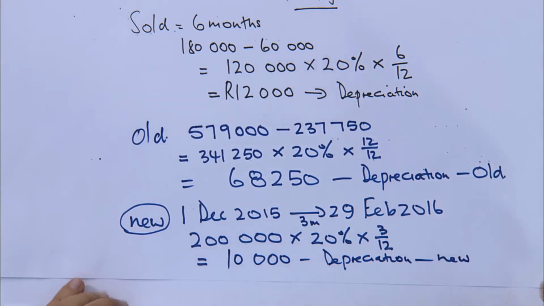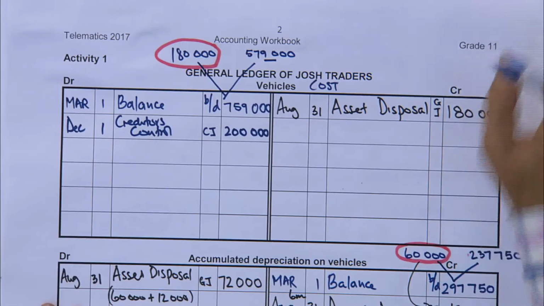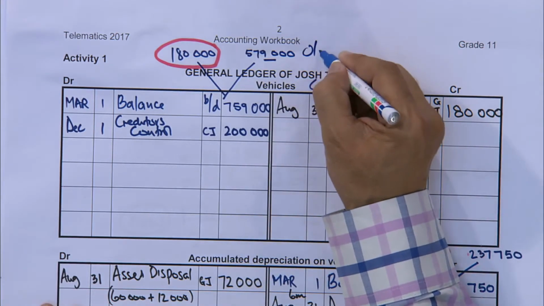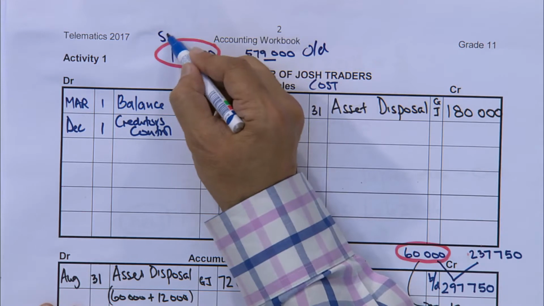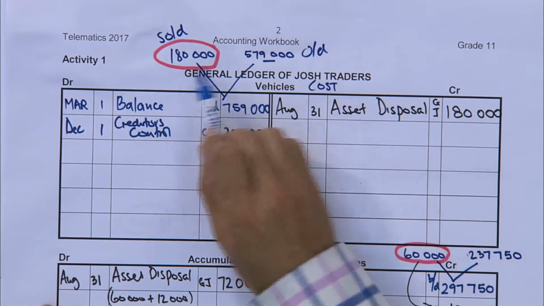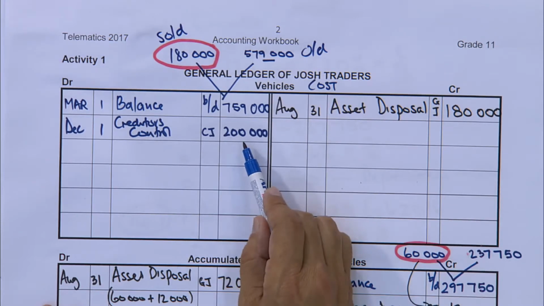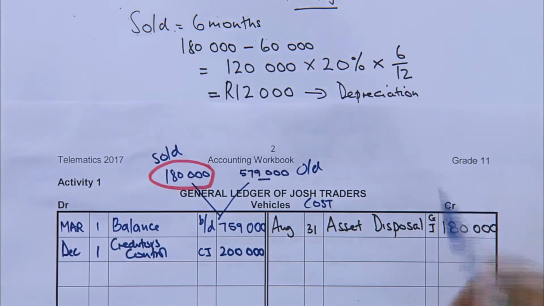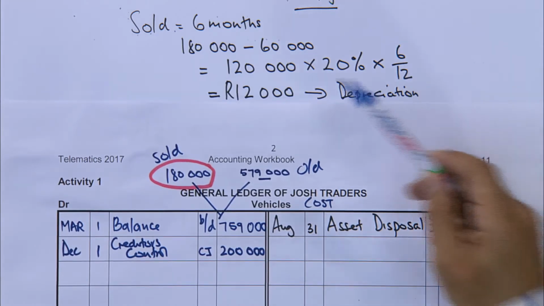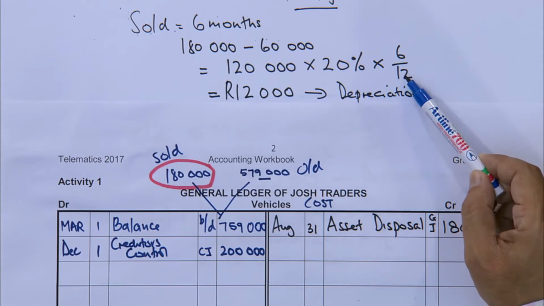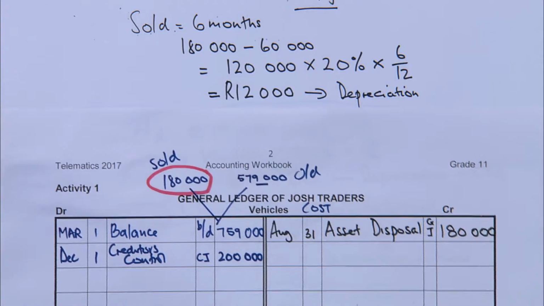579,000, where does the 579 come from? That will be the older vehicle. So that will be the old vehicle, and this 180 will be the vehicle that we sold. Okay, so it's going to be sold, old, and then this 200,000 will be new. Okay, so we first did the calculation of the vehicle that was sold. 180 minus 60 times 20% times 6 over 12, we got 12,000.